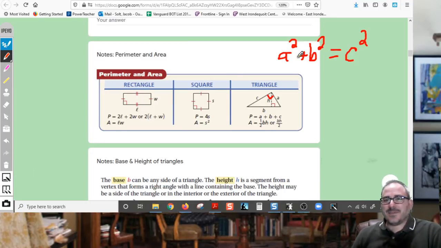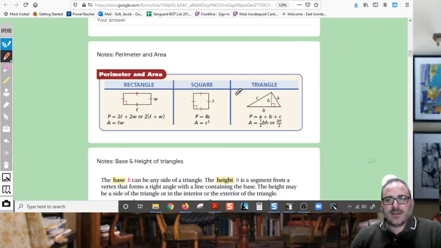All right, so this is the Pythagorean theorem right here, and that's if it's a right triangle. This only works on right triangles, okay? And then to find the area of a triangle, I'm going to use this idea of it being partly a rectangle, and I'm going to use base times height divided by 2, right?